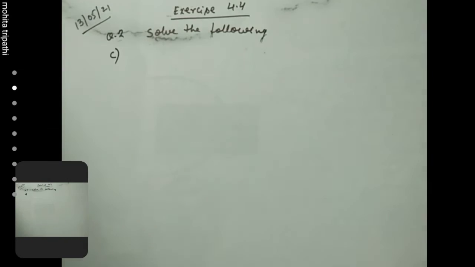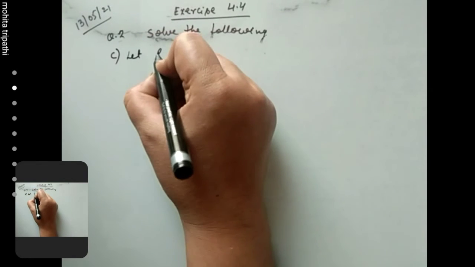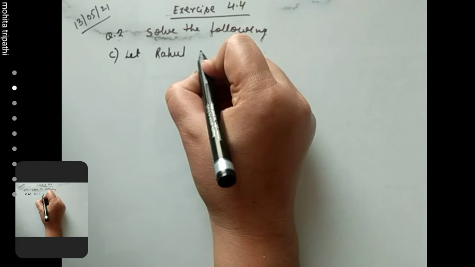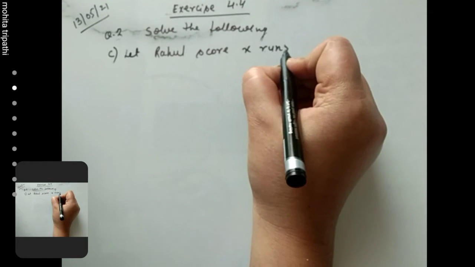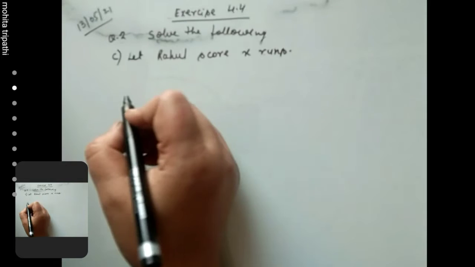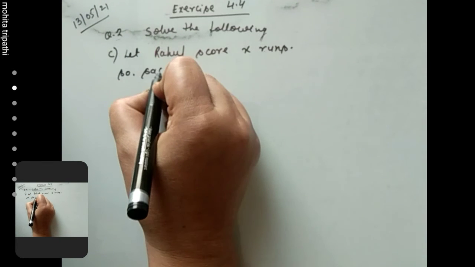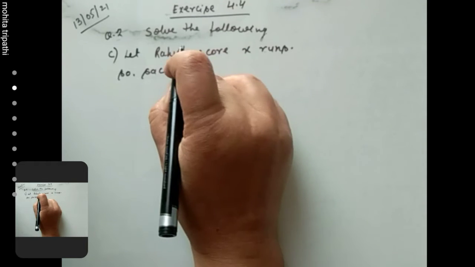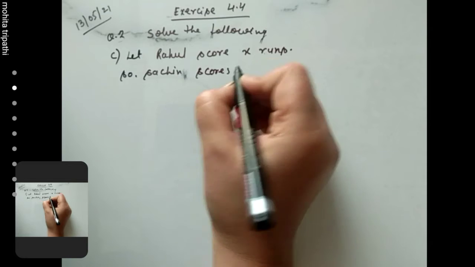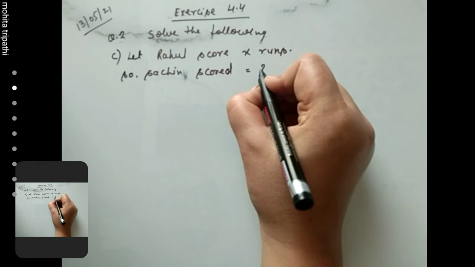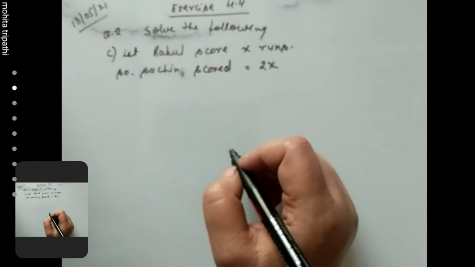So first of all, we will assume, let Rahul score x runs. I am taking here x, you can take any variable. So Sachin scored 2x because it is twice of Rahul's runs.